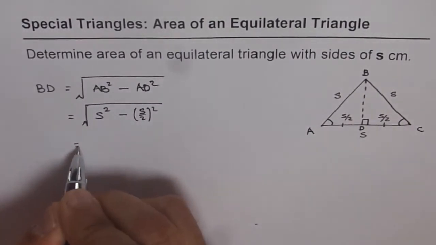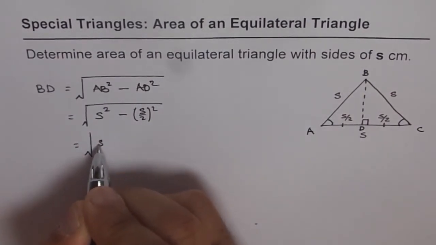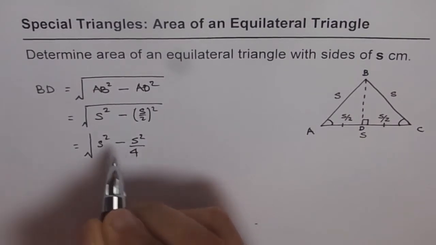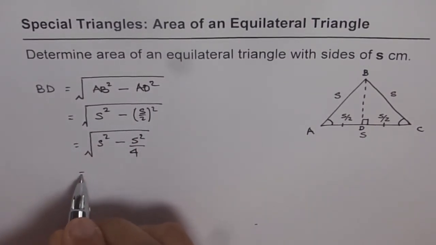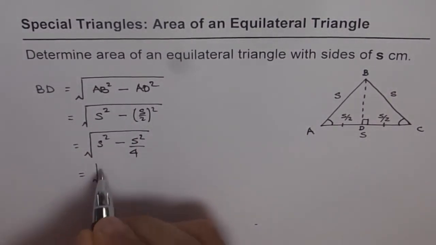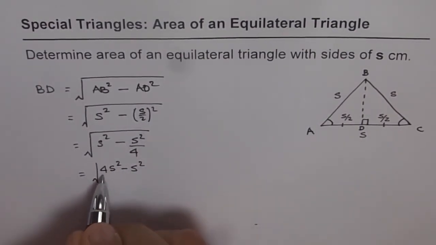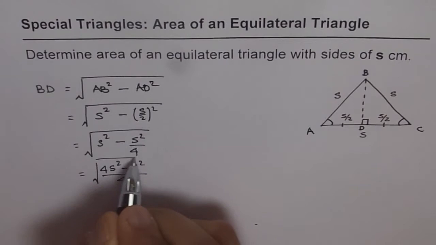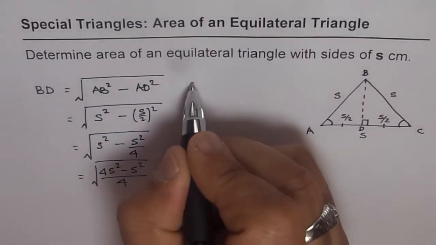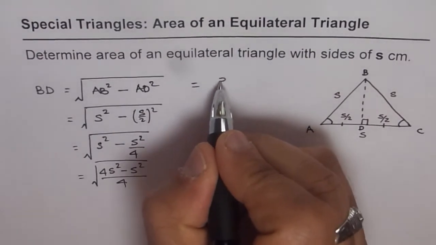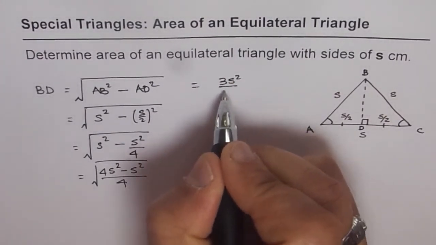all under the root. And that gives us, within the square root, s square minus s square by 4. And if you simplify this, you get 4s square minus s square over 4. And 4s square minus s square is 3s square, right? So we get the square root of 3s square over 4.